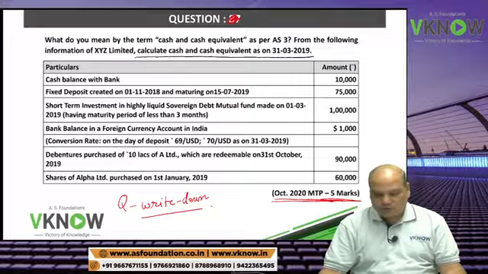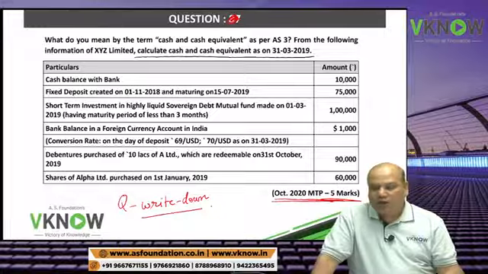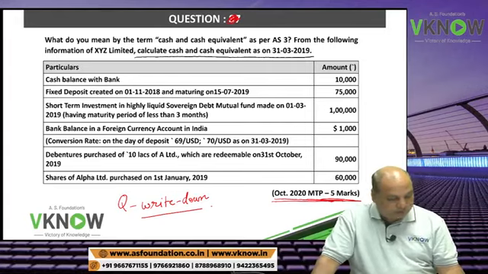Right hand side, rupees. So start writing: cash balance with bank, 10,000.